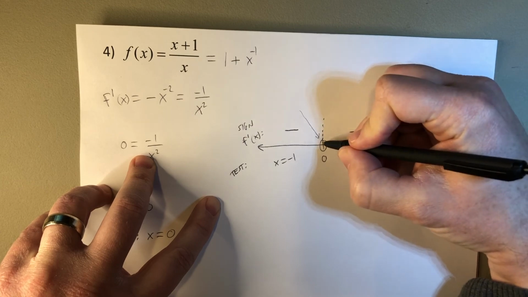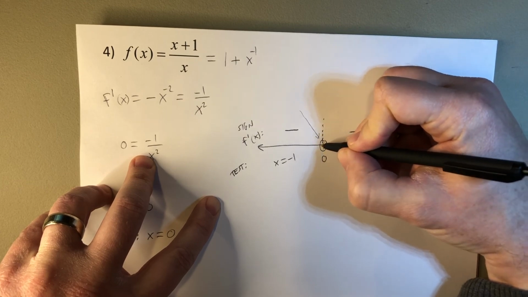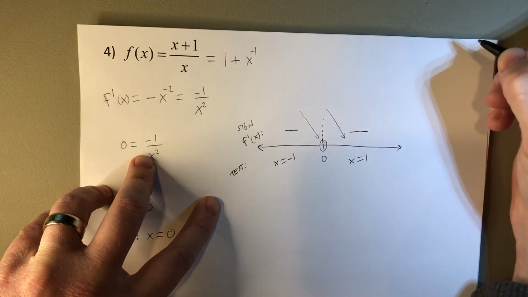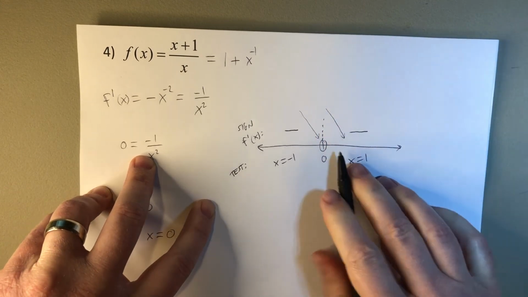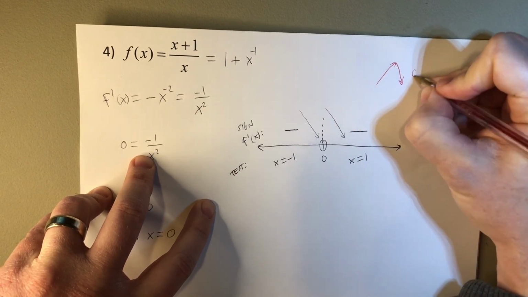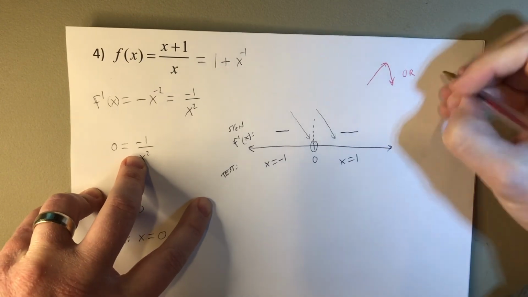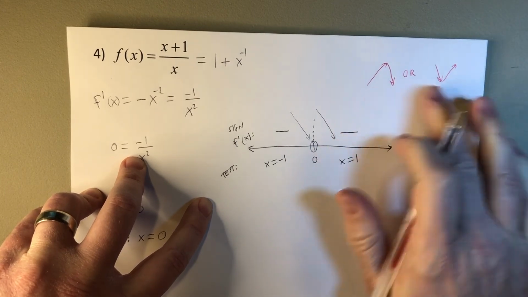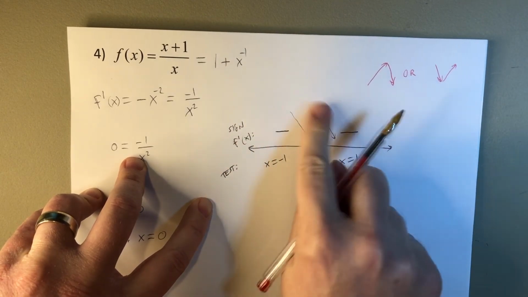And then as soon as you go to the right of this critical number c, where it's undefined at 0, it's going down again. So do we have a situation here where it's either going up first, down second, or do we have a situation where it's going down first, then up second? Do we have either one of these? No, it's going the same direction.